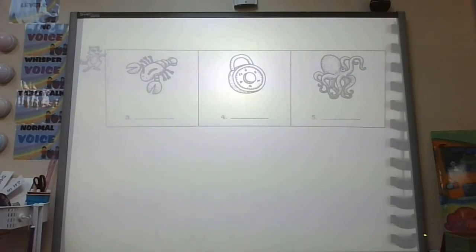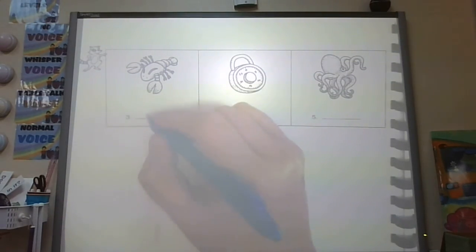Gracie, what sound do we hear at the beginning of lobster? Elijah? Manny? Blakely? Aiden? Good. Aubrey? Very good job. What spells that sound? L. Write your very best lowercase L on line number 3.